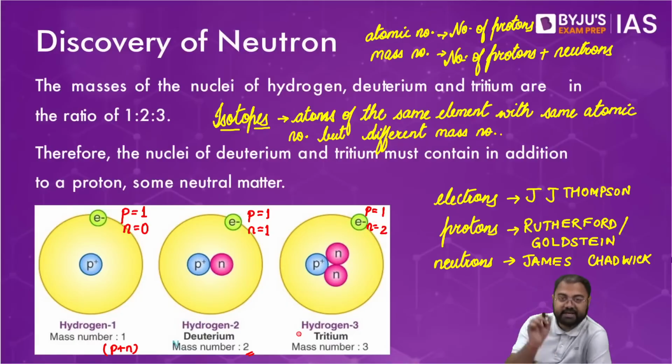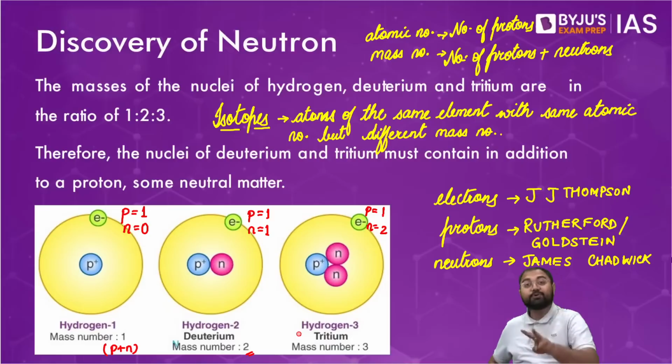So number of protons remains the same, number of neutrons changes, correct? That is what hydrogen is. Hydrogen has 1 proton. If you have 2 protons, then it is not hydrogen anymore, it is helium. It will change into helium if you have an extra proton.